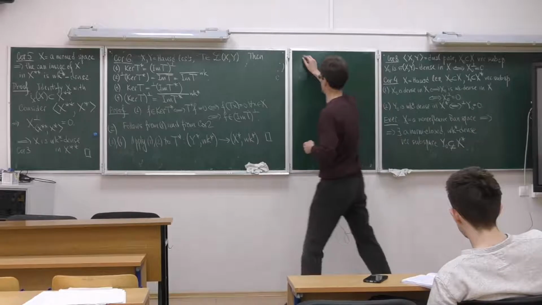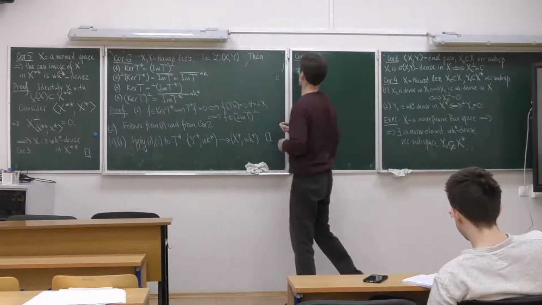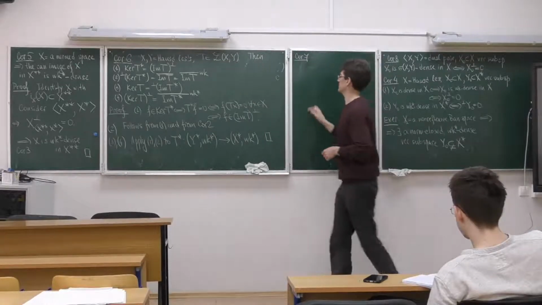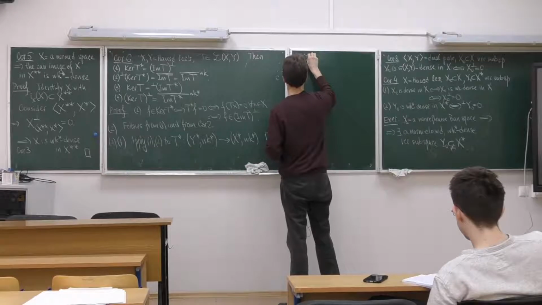And finally, a useful special case of corollary 6 is the following injectivity criterion for linear operators, corollary 7.